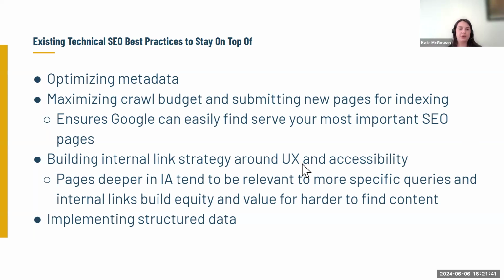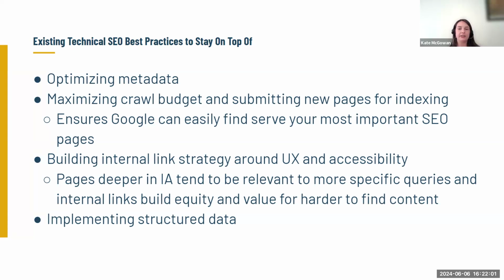You'll also want to ensure that you are building an internal link strategy around user experience and around accessibility. Considering user experience, pages that are deeper in site architecture tend to be relevant for those more specific queries, as I just mentioned, but of course they're harder to find.